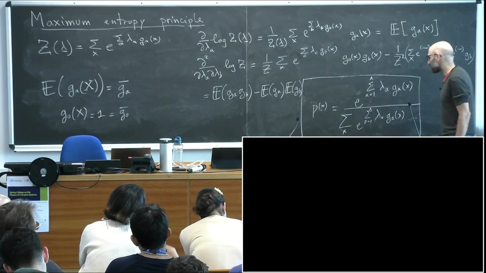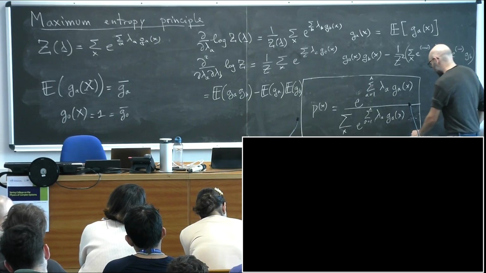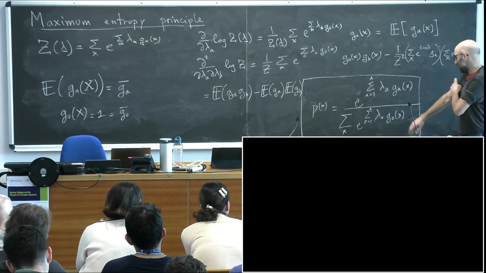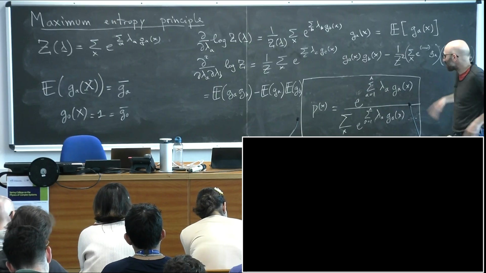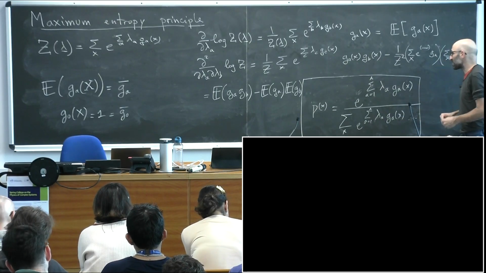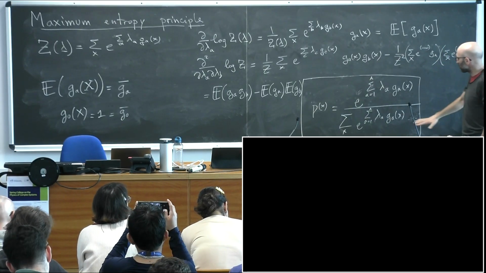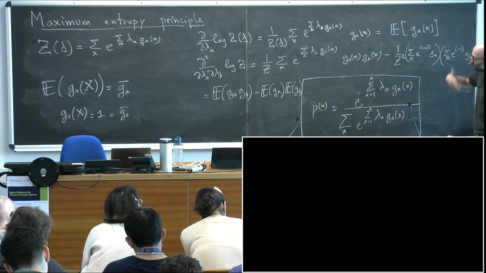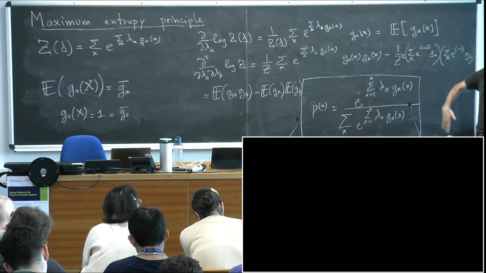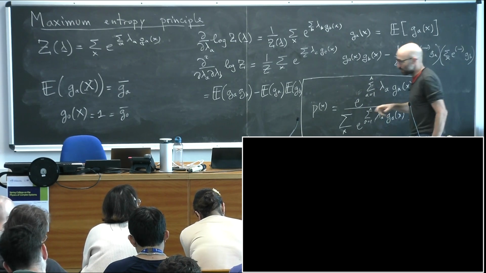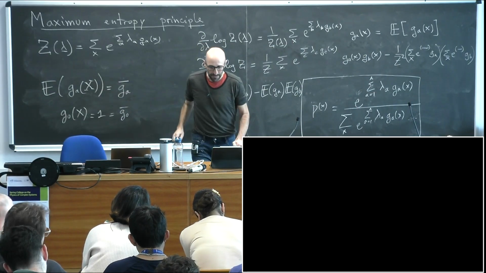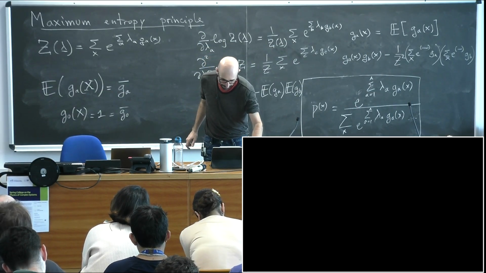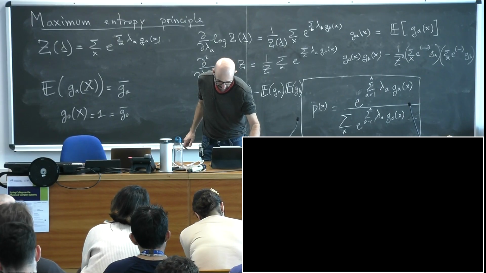So this is a nice property of the maximum entropy distributions, also called Gibbs-Boltzmann distributions, that once you know the denominator, you take derivatives and you can get all the averages of all the g that you are fixing. Okay? Fine.